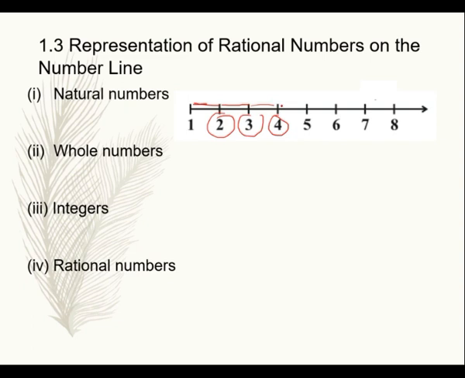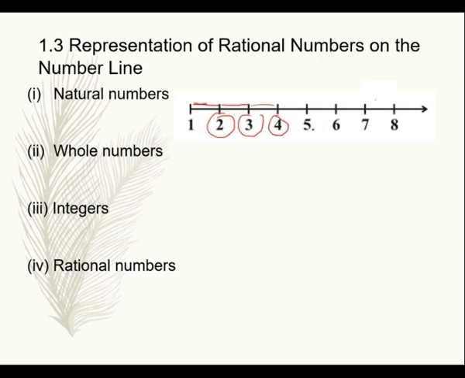So they are all equally apart, equally distributed. The distance between them represents the difference between two continuous natural numbers. That is the specialty we learned.